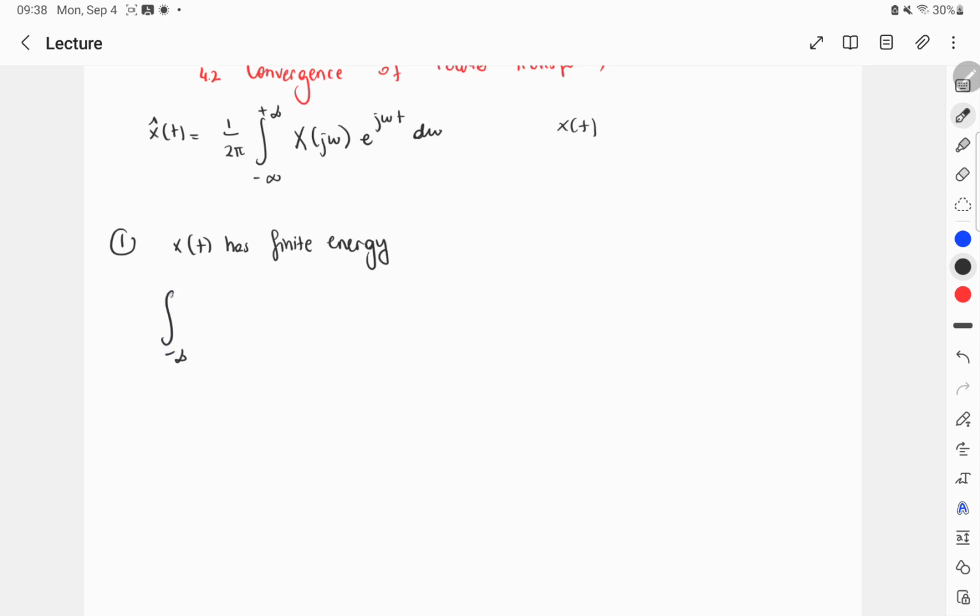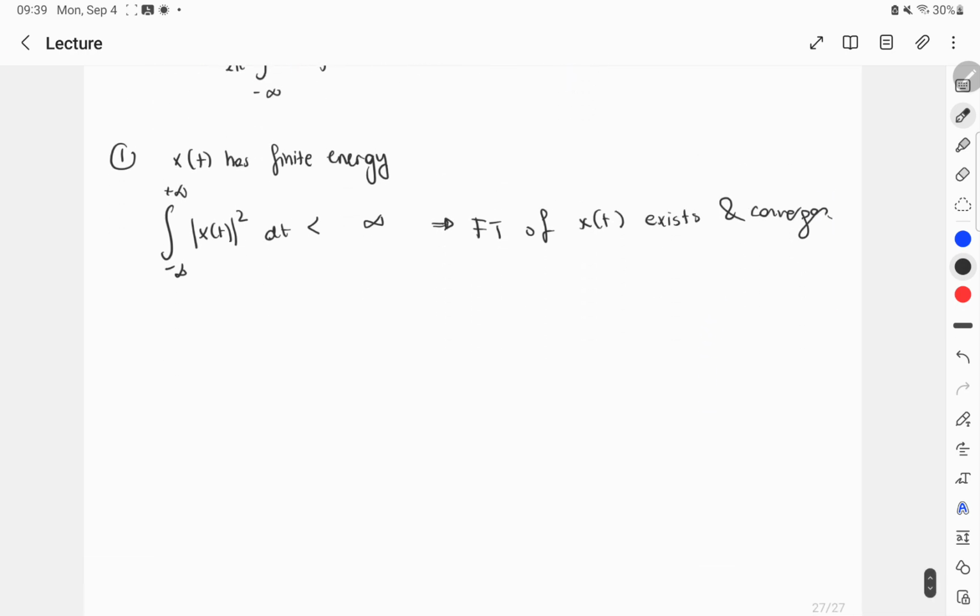If we integrate from minus infinity to plus infinity the function x(t) squared, and if it is smaller than infinity, so we can compute it, then we can say the Fourier transform of x(t) exists and converges.